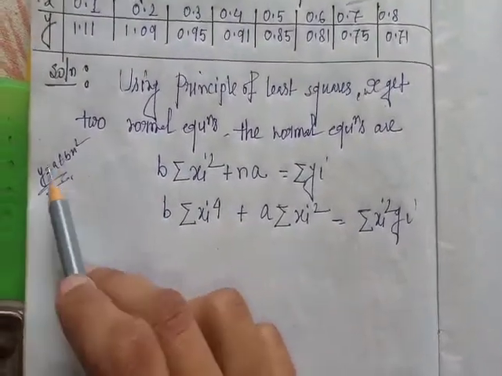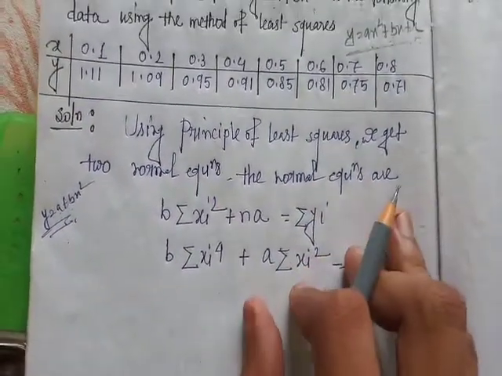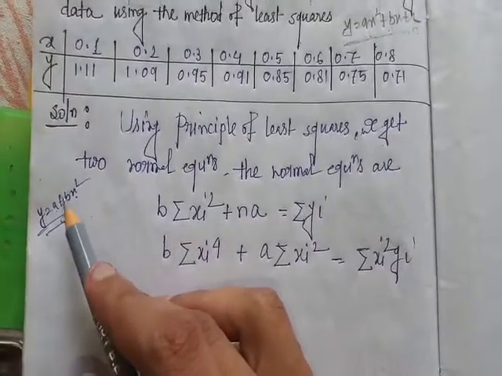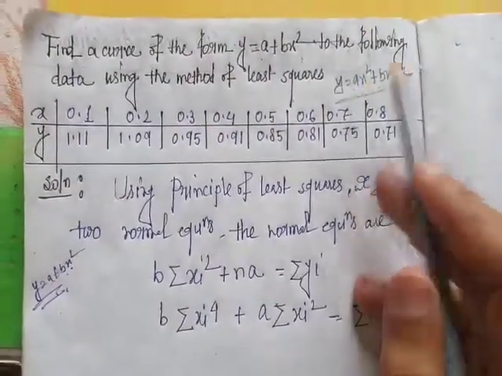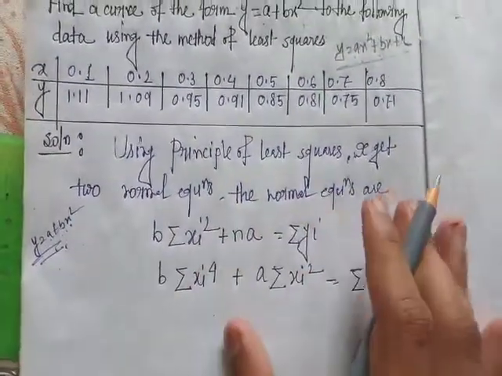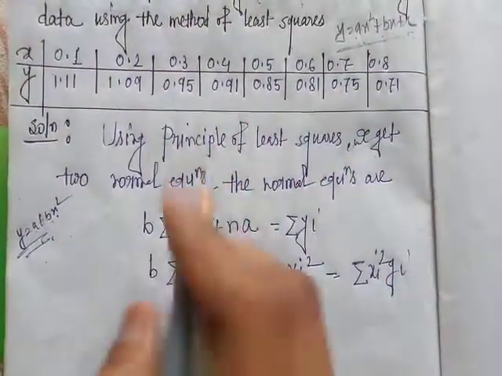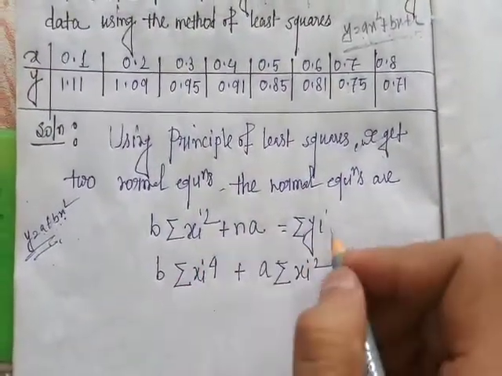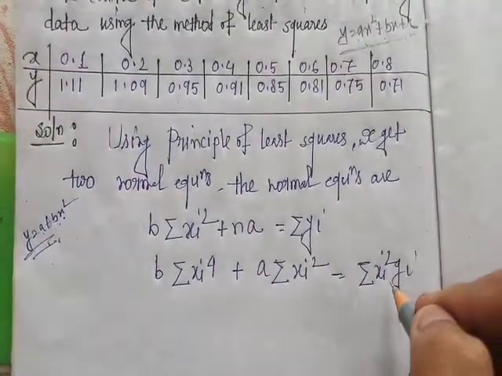Since there are two unknown parameters, we get two normal equations. Here the coefficient of x square is b, and in the other equation the coefficient of x square is a. First we will find summation xi square, summation yi, summation xi to the power 4, summation xi square yi.